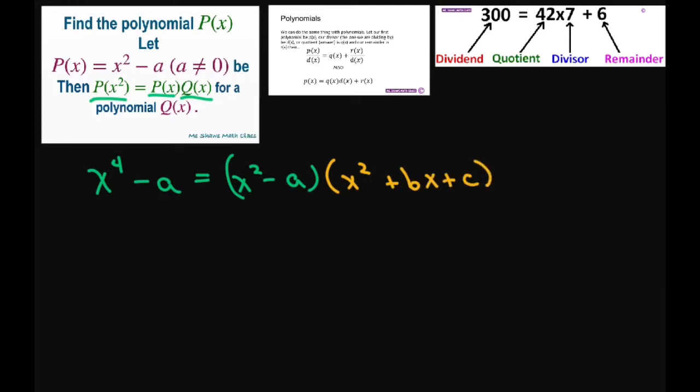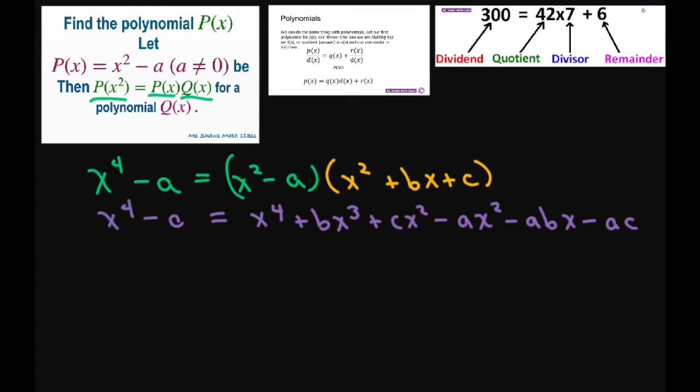Now simplifying the right-hand side, we get x to the power of 4 plus bx cubed plus cx squared minus ax squared minus abx minus ac. All right, so that's going to equal our x to the power of 4 minus a.